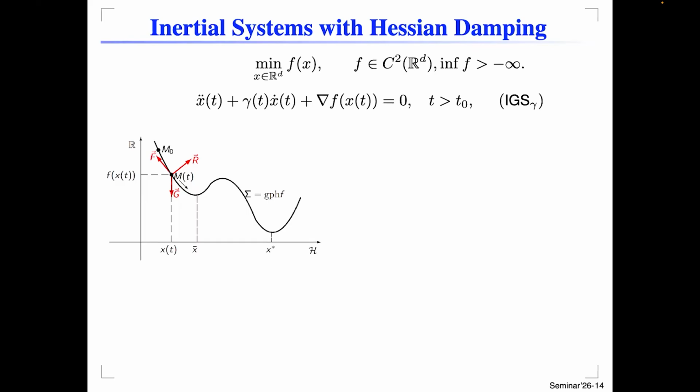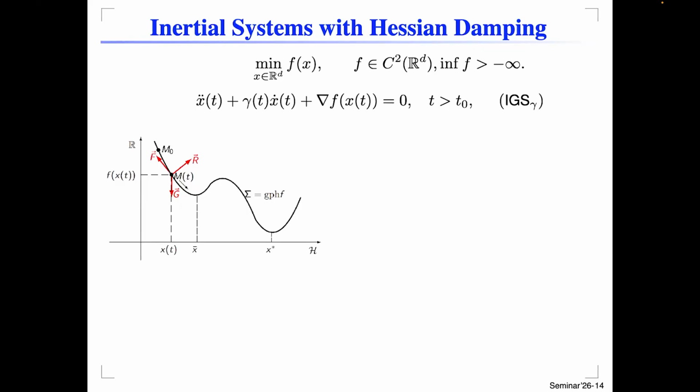Here, we're going to try to have better algorithms. What does it mean? Faster ones. And for faster ones, we have to go one order higher. So we're going to apply another principle of mechanics, the fundamental equation of Newton mechanics. You have your particle x(t), and the graph of your function as your landscape.